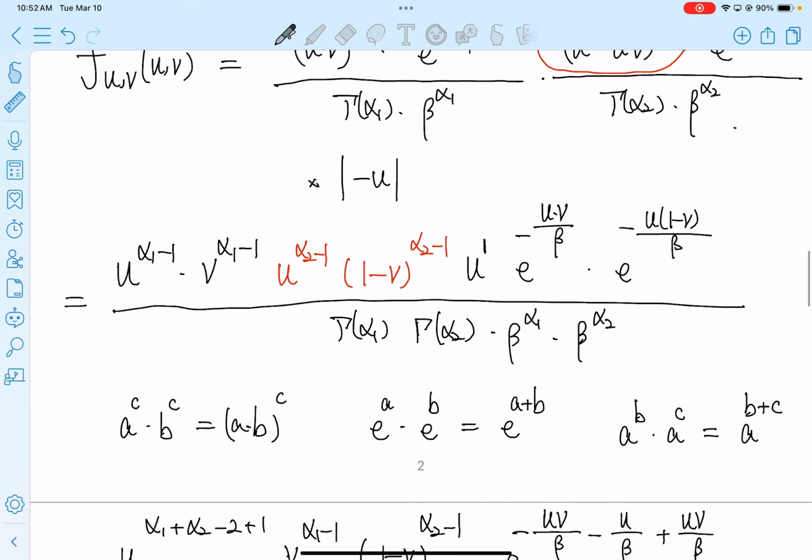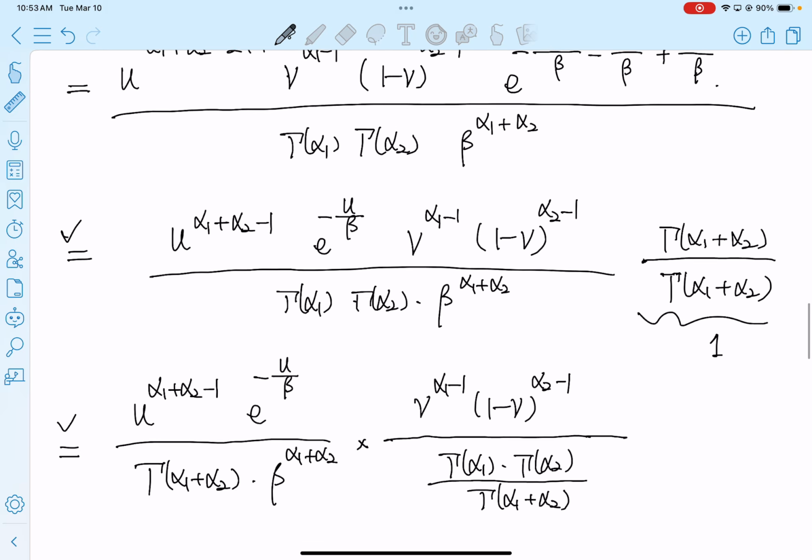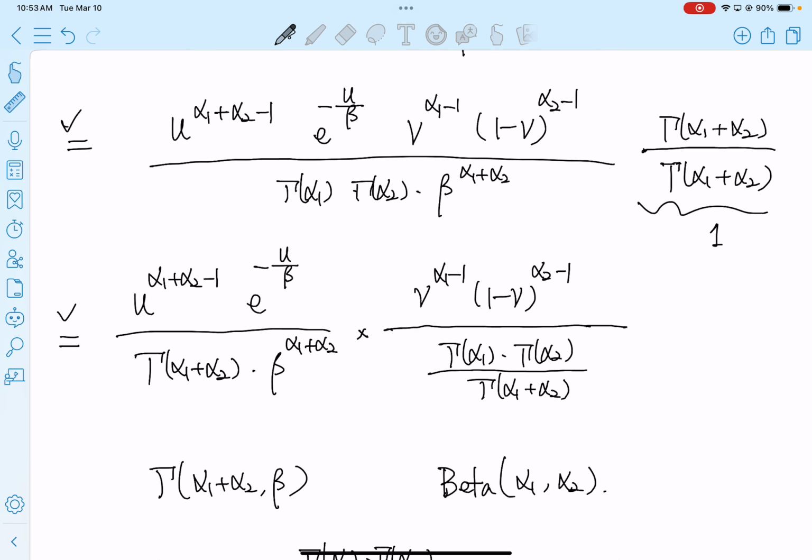And then one more thing is just that the u here contributes a factor of power of alpha 1 minus 1 plus alpha 2 minus 1, which becomes the factor for the alpha that you just identified, right? Yeah. So the alpha 2 minus 1 plus alpha 1 minus 1 plus the Jacobian ends up with minus 1. That's the minus 1 from the gamma distribution.